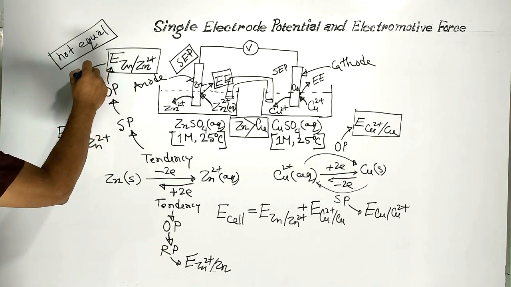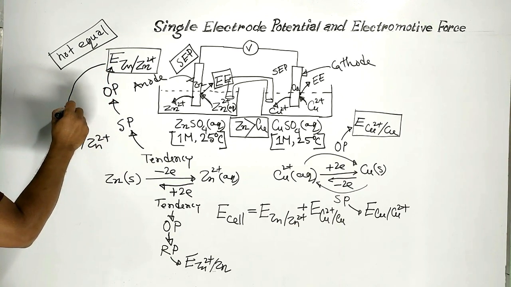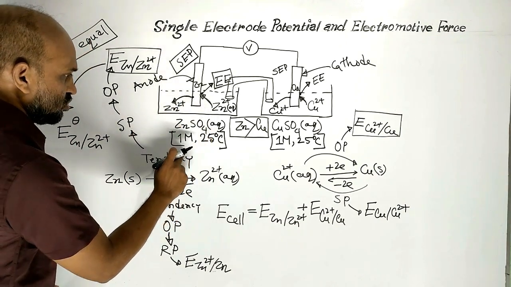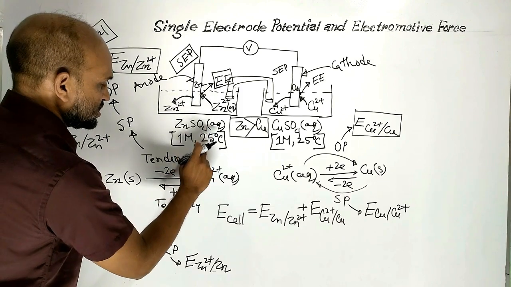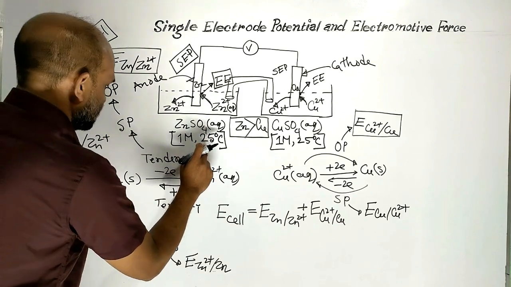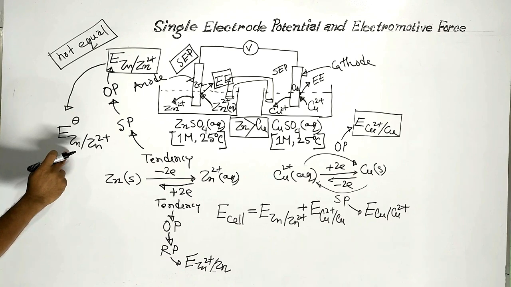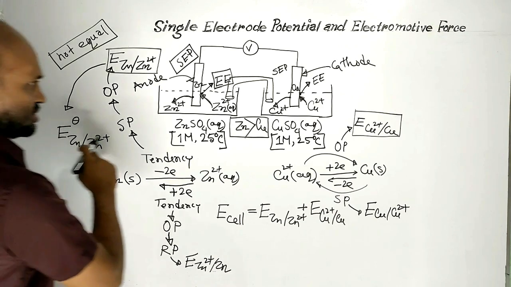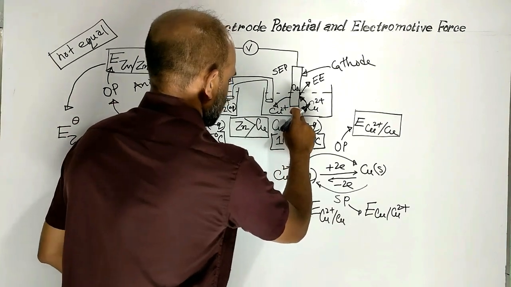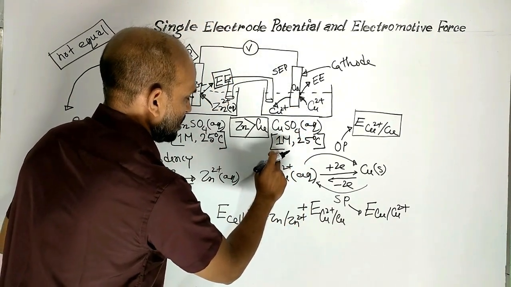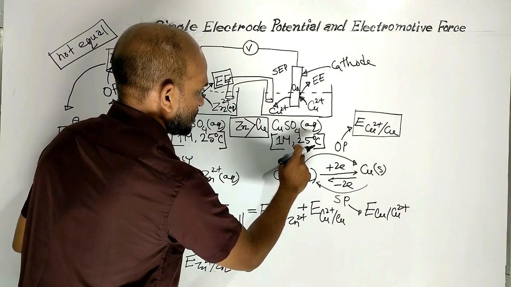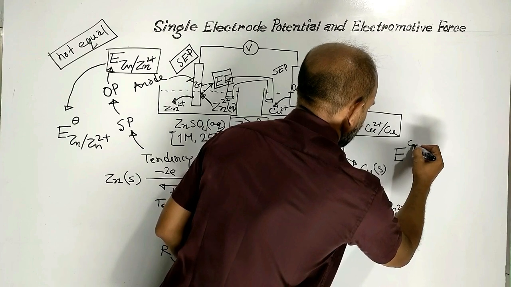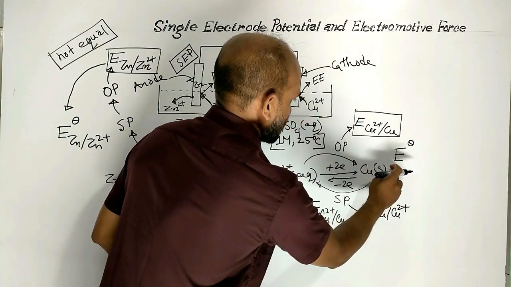Similarly, here when the concentration of the solution is 1 molar and it is at 25 degrees Celsius, then the reduction potential will be standard reduction potential.